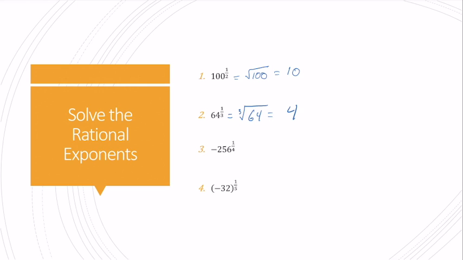If I have negative 256 to the 1/4, that's the same as the negative 4th root of 256, so negative 4. If I have negative 32 to the 1/5, that's the same as the 5th root of negative 32, which is negative 2.